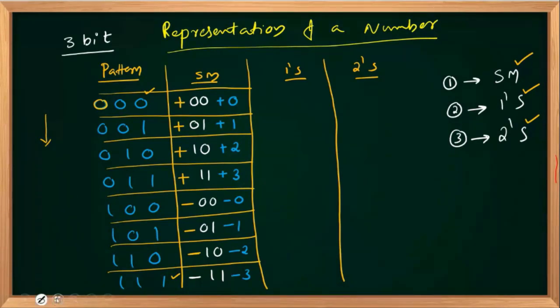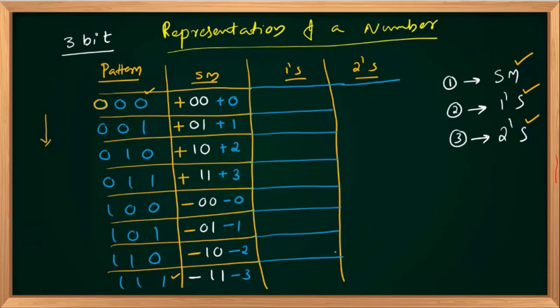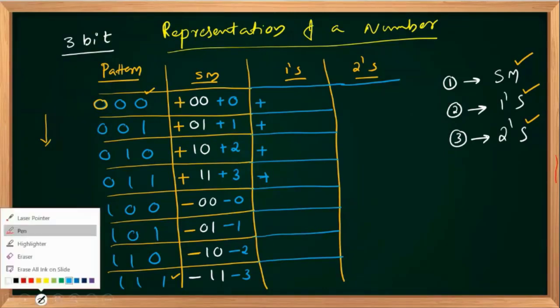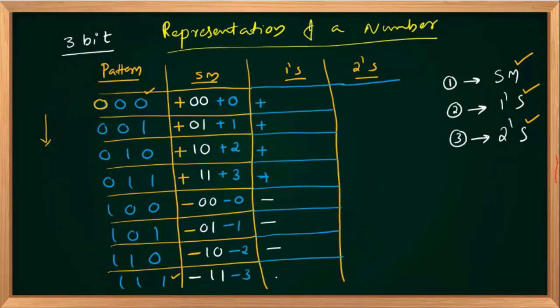Then let us check how to identify the actual number if the person used ones complement representation. This is also very simple. Similar to signed magnitude, if the MSB, the most significant bit, is 0, the number is positive. If the MSB is 1, the number is negative.